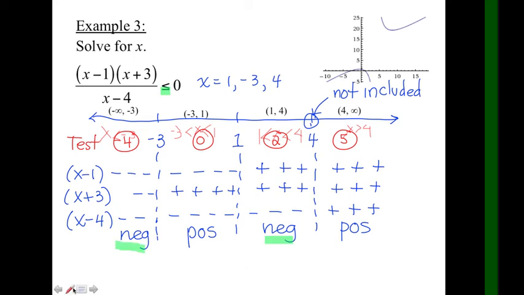So our solution set now for this one will be the set of x is an element of the rational numbers such that x is less than negative 3, at saka, or this one, x is greater than 1 but less than 4. So that will be our solution set for this one.